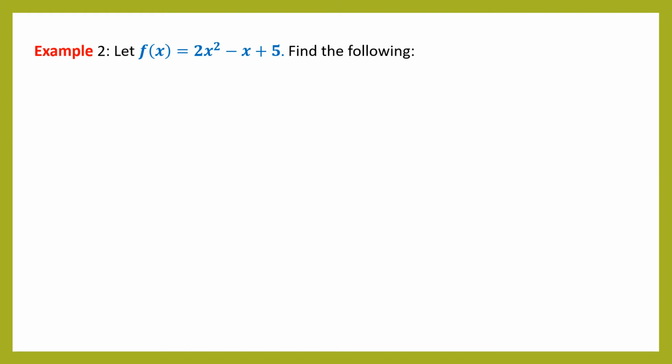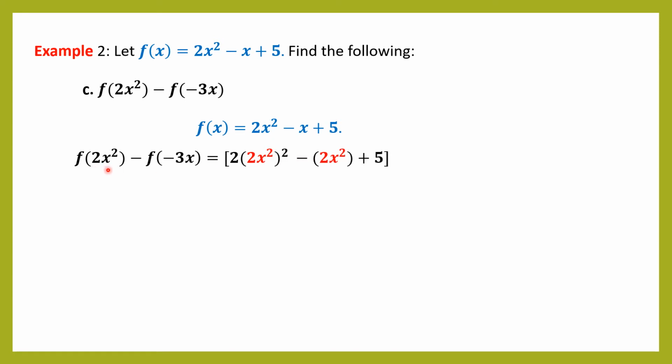Let's have your number 2 pa rin. We have to find f of 2x squared minus f of negative 3x. So, let us use again yung ating function na f of x is equal to 2x squared minus x plus 5. So, ang una nating isa-substitute ay yung 2x squared dito sa given na function.